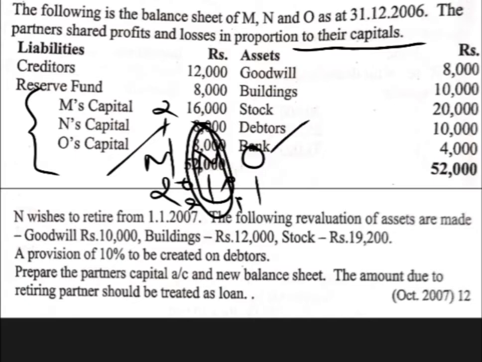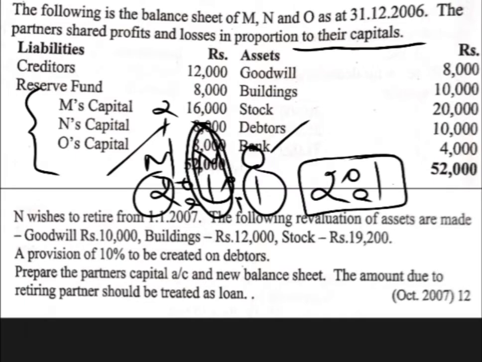M and O are the remaining partners and their new profit sharing ratio would be 2:1. That is 2 and this 1. 2:1 is going to be the new profit sharing ratio, and as per case 2, the gain ratio is equal to the new profit sharing ratio, that is 2:1. So this is regarding the first working note. As per case 2, we are calculating the gain ratio.